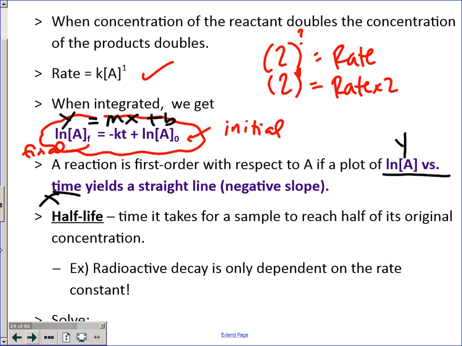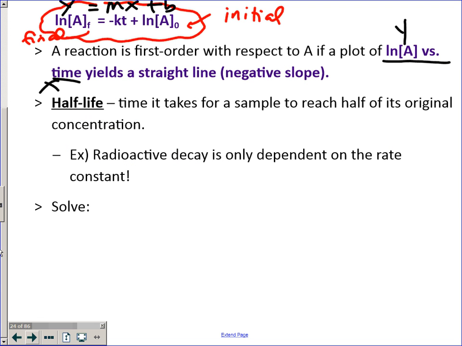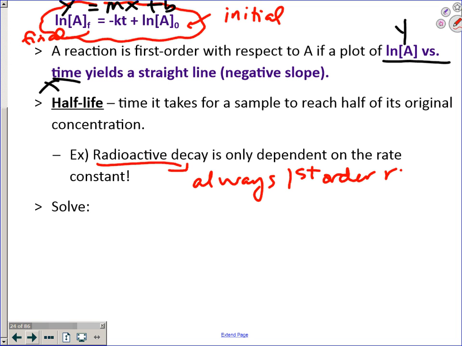If you need a quick reminder, this is your definition of half-life. And since we are talking about radioactive half-life, it is always a first order reaction. So every radioactive element or isotope scenario we've ever dealt with has always been a first order reaction.